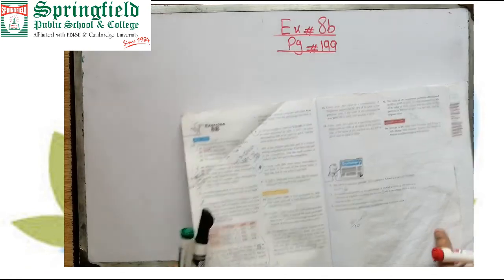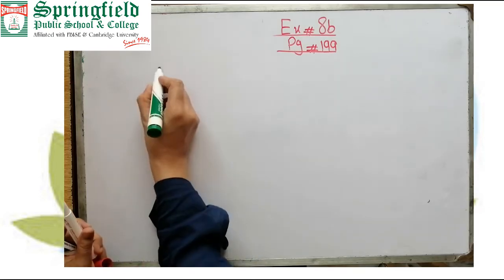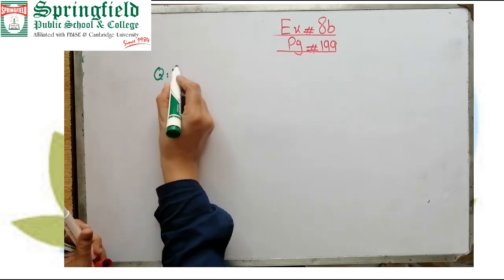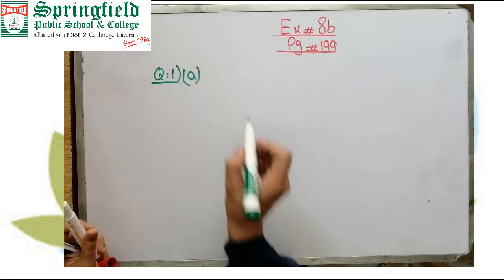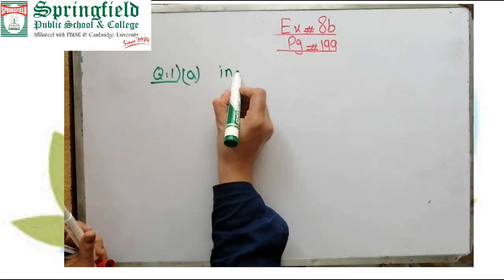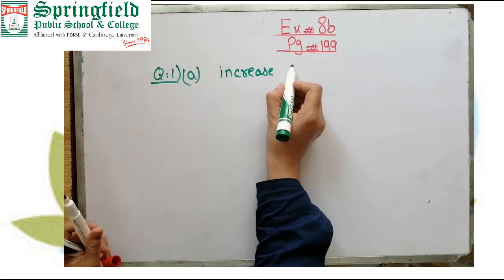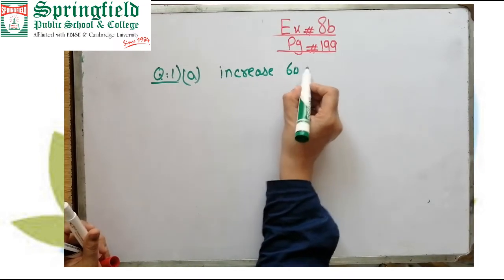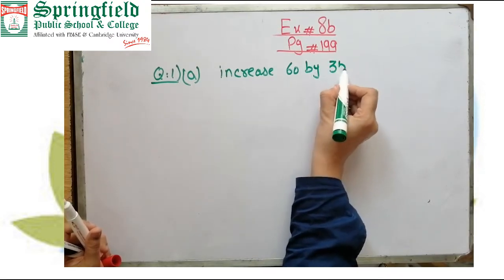Okay. Now first part. Come on the first part of question 1. A part. They are saying increase 60 by 35%.